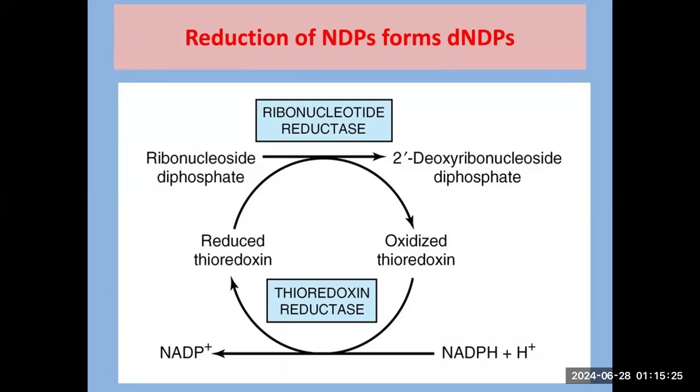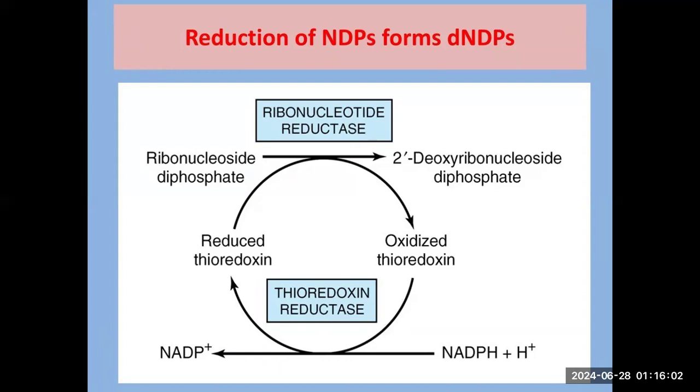So this ribose sugar, which is present in the nucleotide diphosphate, is to be reduced to deoxyribose. In this reaction, ribonucleoside diphosphate, in the presence of ribonucleotide reductase, right here, you can see this one, is converted into 2' deoxyribonucleoside diphosphate.